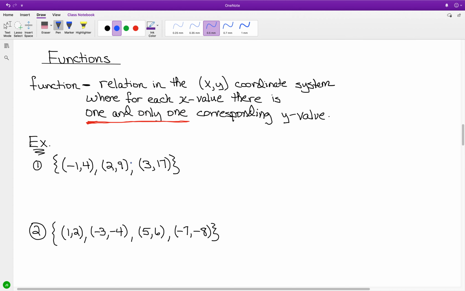And for the makeup of these functions, we have the domain of this function. The domain refers to the set of x values, and in this case we have -1, 2, and 3. So for the domain, you're looking at your x values.